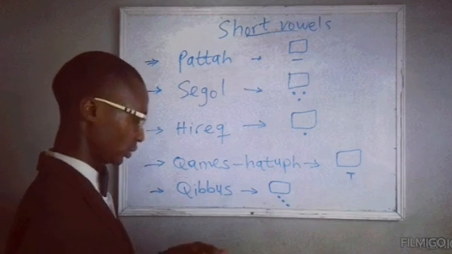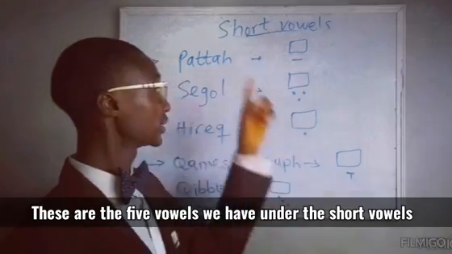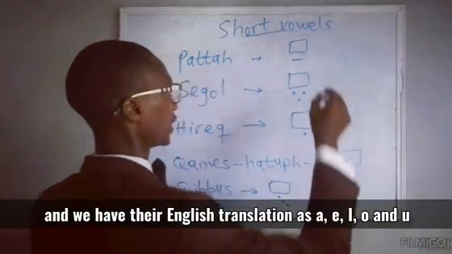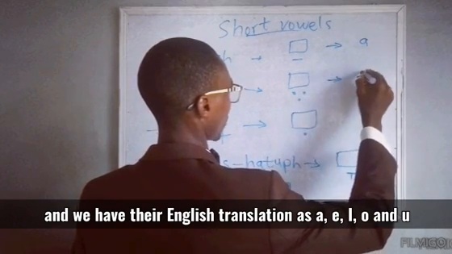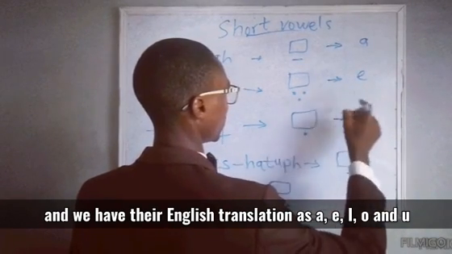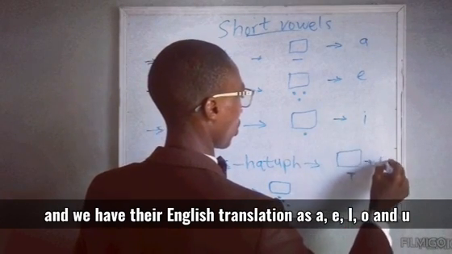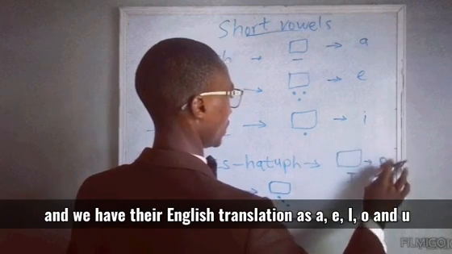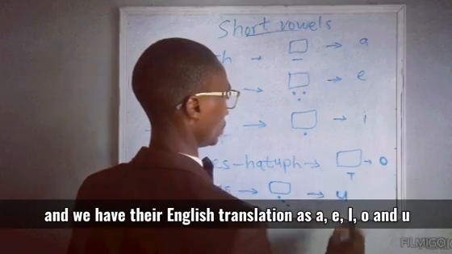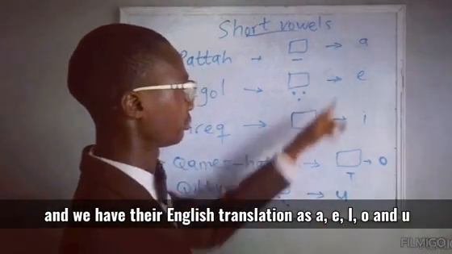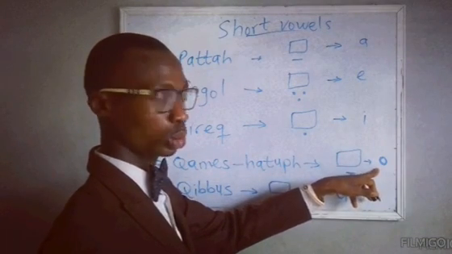So these are the five vowels that we have under the short vowels. And we have their English equivalents: this is a, this is e, this is o, then this is u. So we have a, e, i, o or u.